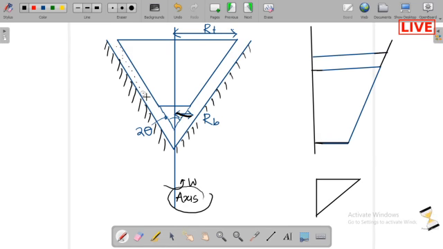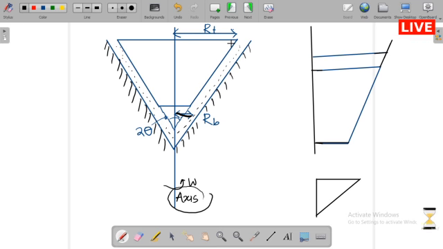If it is rotating about this axis and oil is around it, then the oil will provide a resistance to this motion. Oil will provide a viscous resistance.